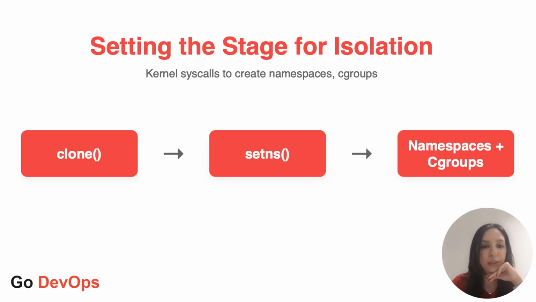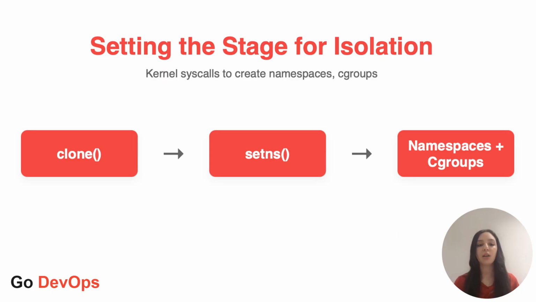So now that the image has been pulled and the container's root file system has been prepared, the next step involves setting up isolation for the container. The host machine has to ensure that the container is fully isolated from the rest of the system. This isolation is achieved through Linux namespaces and cgroups, which are configured by the host using kernel syscalls.